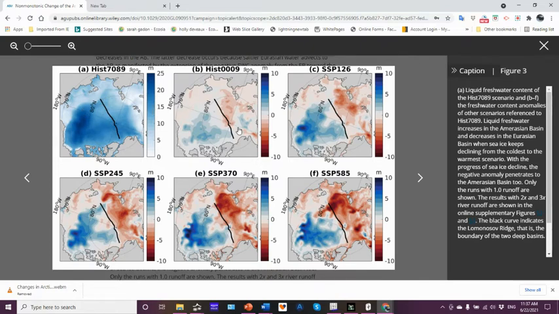The black line that you see in all the panels is the Lomonosov Ridge, separating the Eurasian from the Amerasian basin. So what this is basically showing is that under the different models, you're losing fresh water in the Eurasian basin and you're gaining it in the Amerasian basin. Part of that is evaporation, but a lot of it is advection.